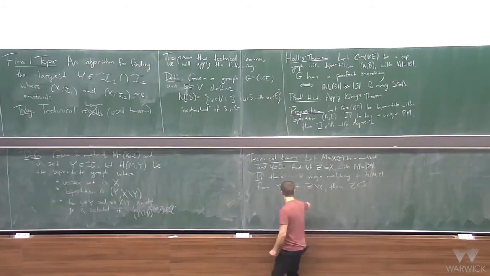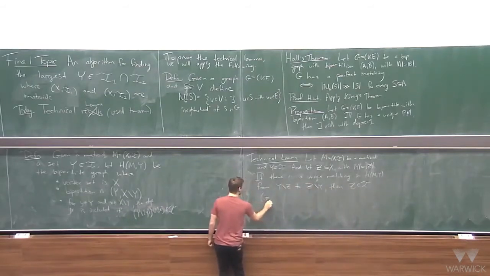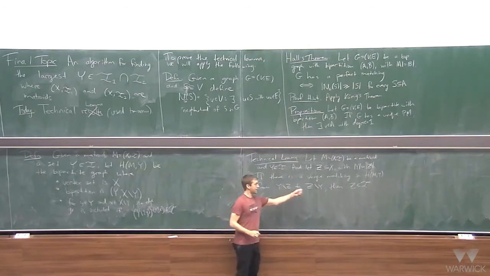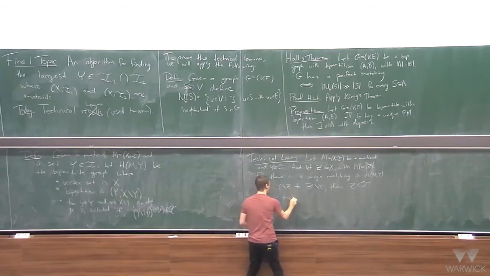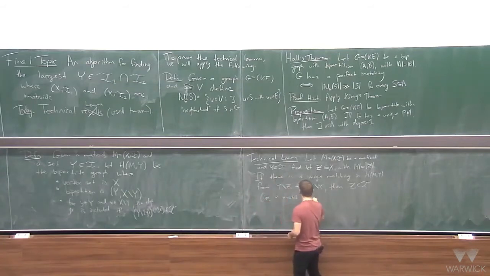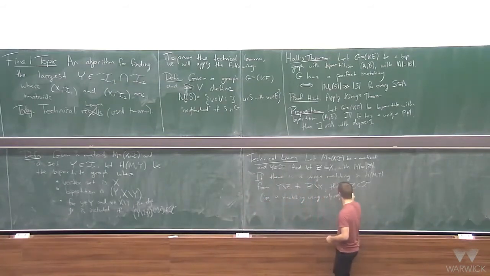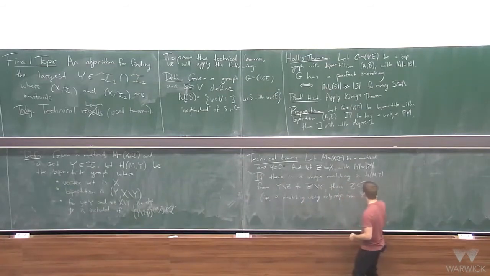Now, what do I mean by matching from here to here? A matching from this set to this set just means a matching using only edges from Y minus Z to Z minus Y, which saturates both of the sets.